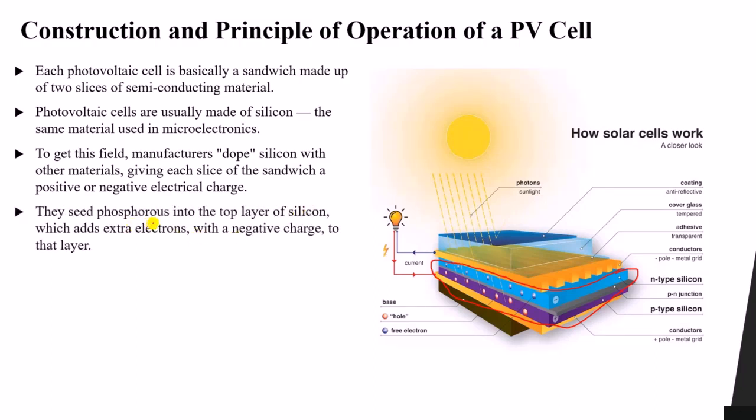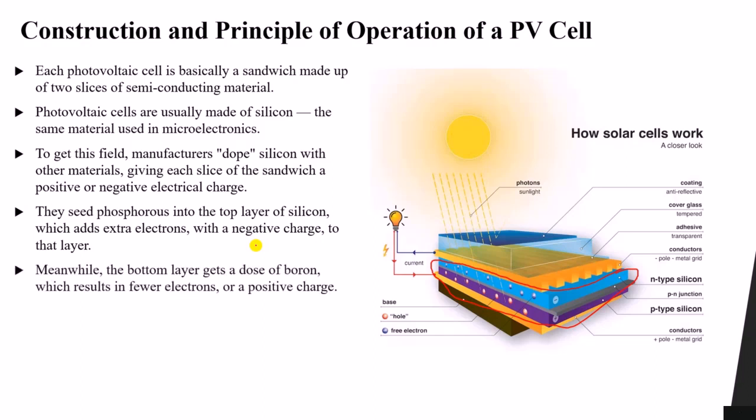They add phosphorus to the top layer of silicon, which adds extra electrons, giving that layer a negative charge, and to the other we add boron, which gives a positive charge. This leads to the presence of an electric field at the junction between the silicon layers.